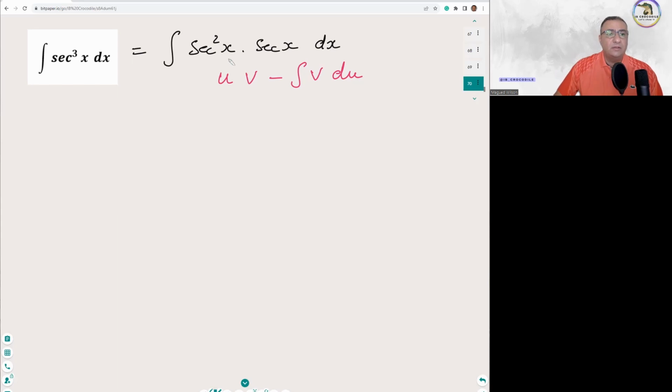When you look at sec squared x times sec x, can you integrate sec squared x easily? Yes, because sec squared x is the derivative of tan x. So I would take dv as sec squared x, so v is the integration of sec squared x, which is tangent of x.